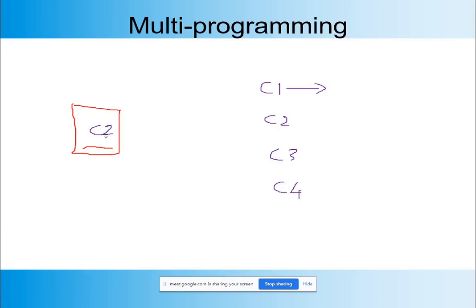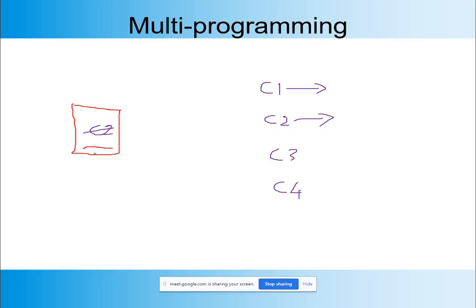After some time, C2 doesn't want the oven for some time, so he also goes to the store or is busy preparing some mixtures. So the main intention of the multi-programming approach is to keep the oven busy most of the time. It should not be idle.